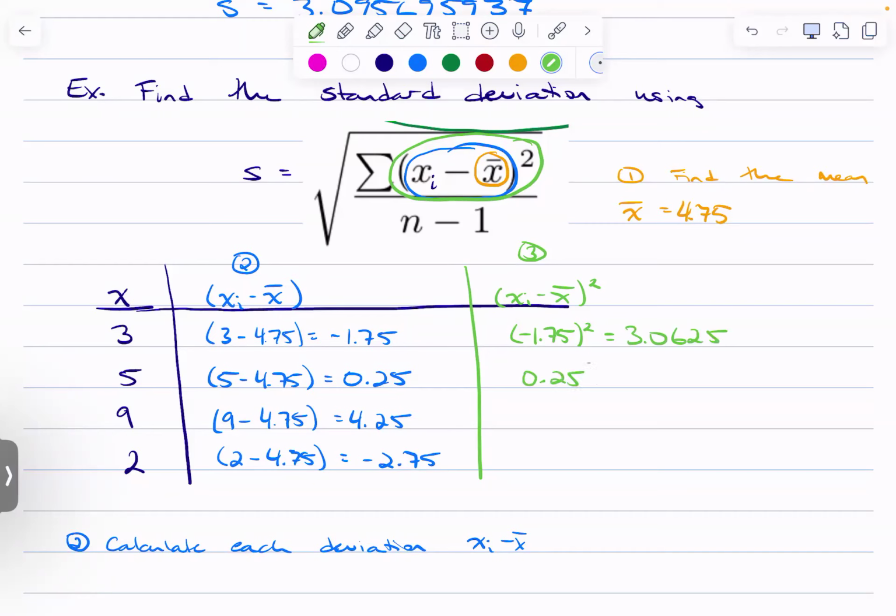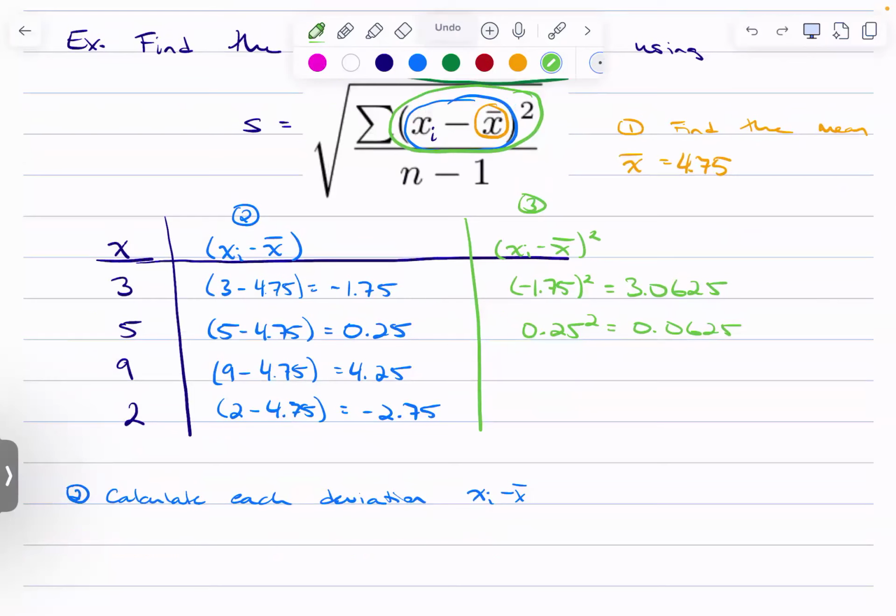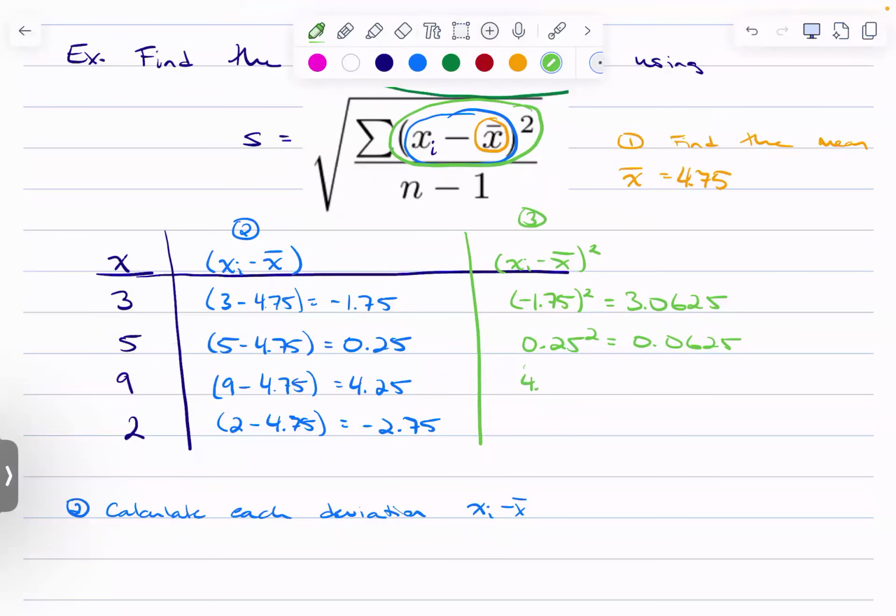0.25 squared, 0.0625, 4.25 squared, 18.0625. Notice that I'm not rounding any of these, and that is mostly to make sure that our answers line up from before.